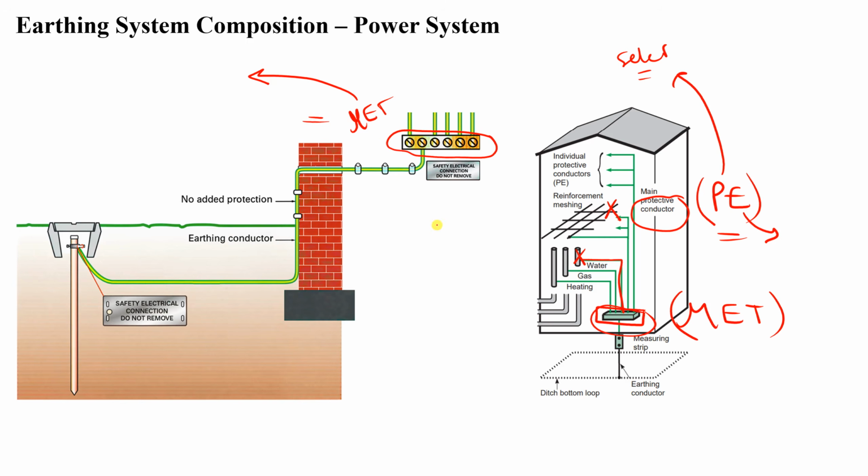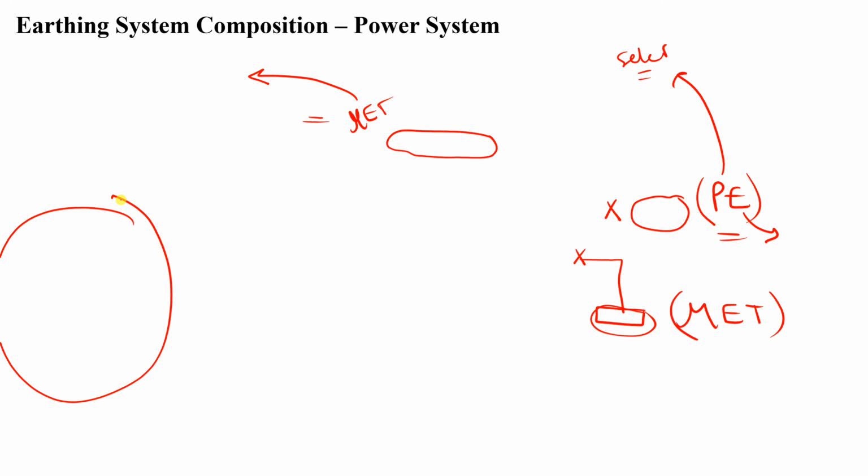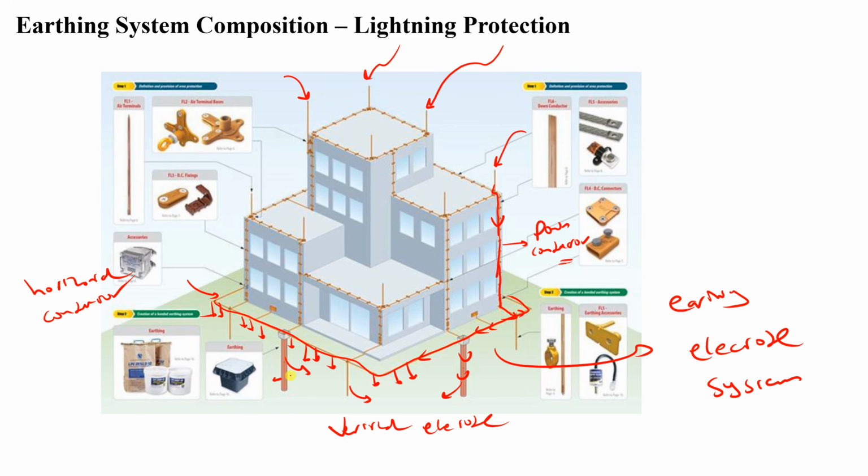The third component that we want to design is the connection between this main earthing terminal and the earthing electrode system. This is a vertical electrode. It can be one or multiple electrodes. If you get back here, you can see we have 1, 2, 3, 4, and so on.